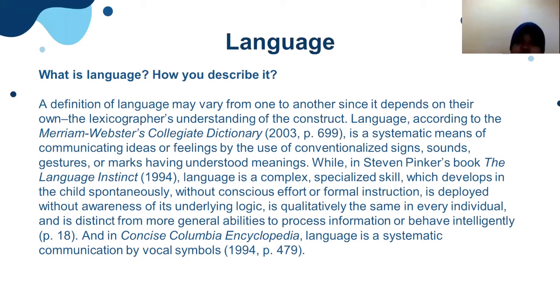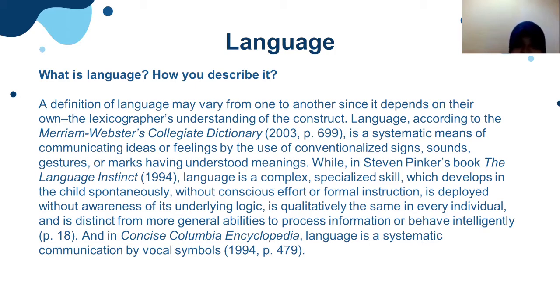While in Steven Pinker's book, The Language Instinct, language is a complex, specialized skill which develops in the child spontaneously, without conscious effort or formal instruction, is deployed without awareness of its underlying logic, is qualitatively the same in every individual, and is distinct from more general abilities to process information or behave intelligently.